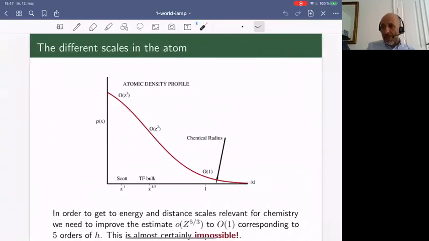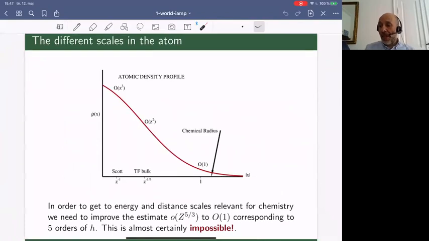But let's try to understand the different scales of the atom then. So I made a profile here of the atomic density. We have the Thomas-Fermi bulk, which happens at z to the minus 1/3. There, the density is of the order z squared.